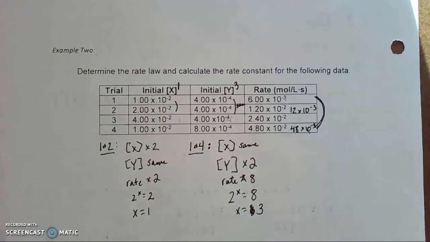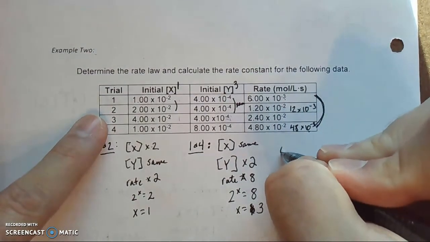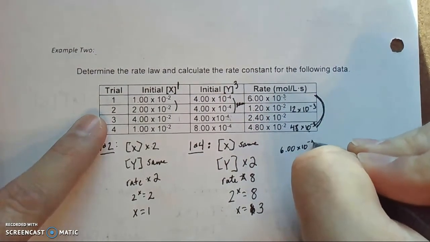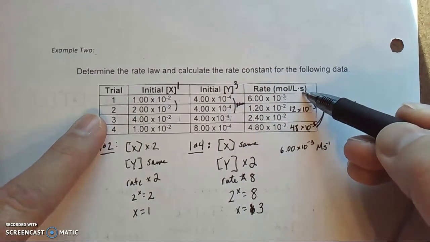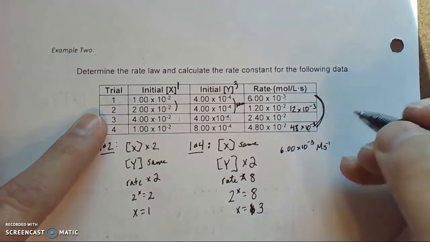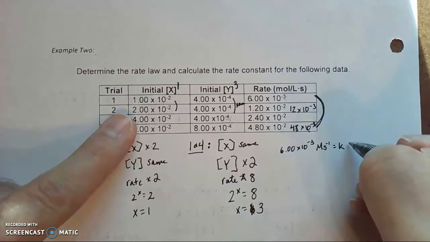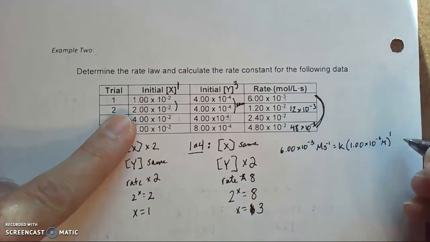So now that we know that, we can solve for K. So we know that a rate, and I'm going to pick experiment number 1, 6.00 times 10 to the minus third molar per second, or we could use these units, it's the same thing. Moles over liters per second is the same as molar per second negative first, is equal to K times 1.00 times 10 to the minus second molar to the first times 4 times 10 to the minus fourth molar to the third power.